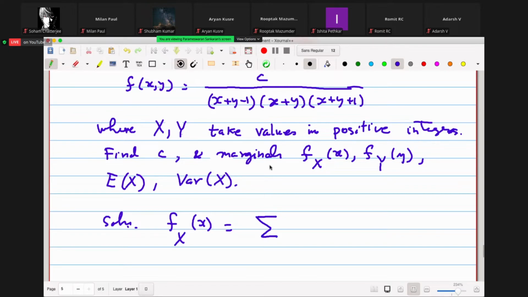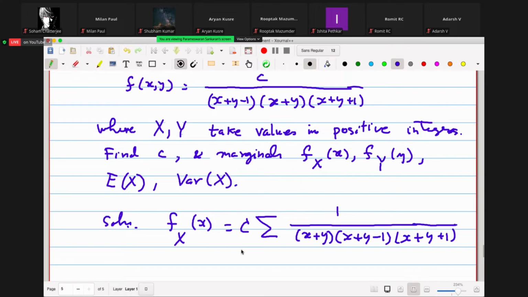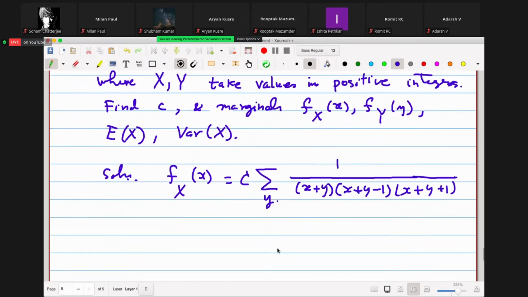C being a constant comes out: 1 by (x plus y minus 1)(x plus y)(x plus y plus 1), and the sum is over y, y going from 1 to infinity.